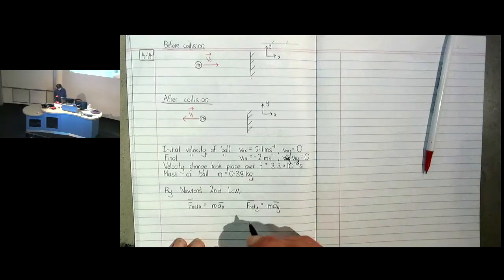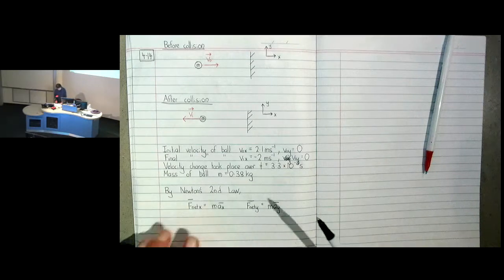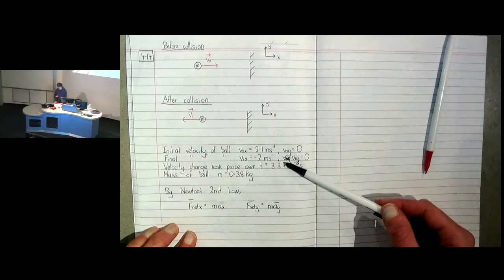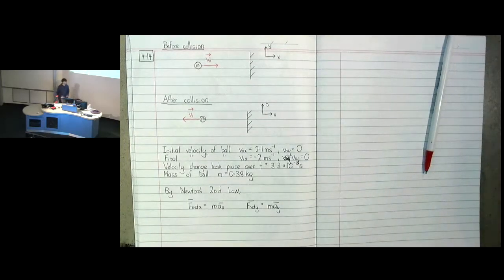And now luckily for us, we have a formula for the average acceleration of the object, which is going to be pretty handy because we know the initial velocity of the ball, we know the final velocity of the ball, and we also know the time period over which the change in velocity took place.